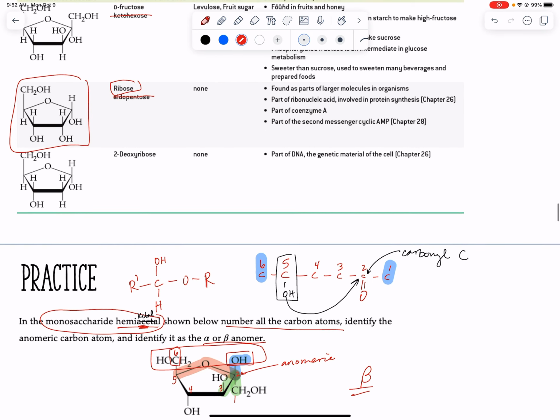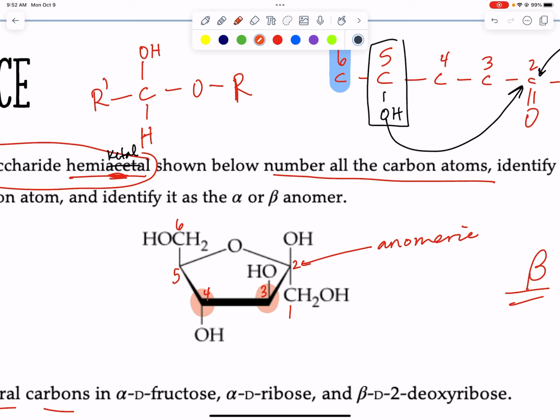What color do I want to use? The chiral carbons. I'm going to erase some of my markings. We're going to go through and just identify chiral carbons here. So I'll highlight them in this color. 3 would be a chiral carbon. 4 would definitely be a chiral carbon. 5 would be a chiral carbon as well.